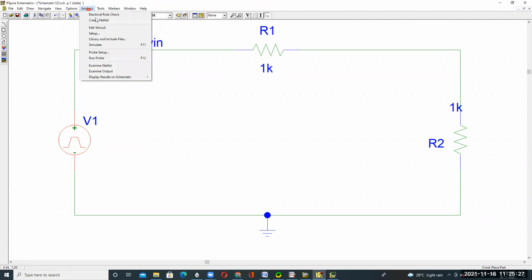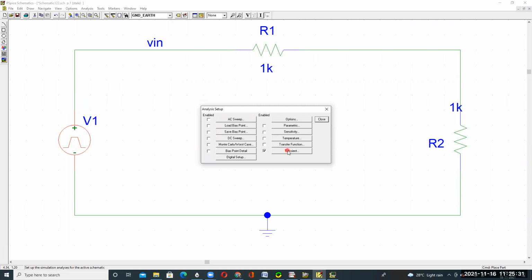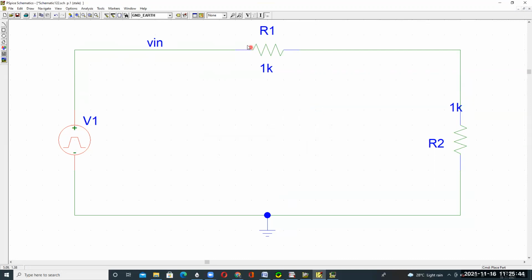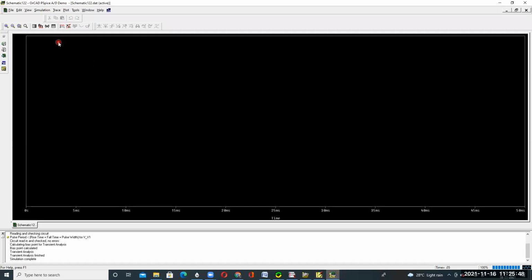Go to analysis and set up analysis, transient, 50 milliseconds. Our pulse repetition is 20 milliseconds, so 50 milliseconds is enough. Then go to simulation and run, and you will get a new window.